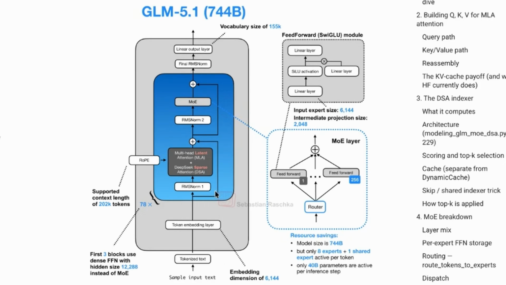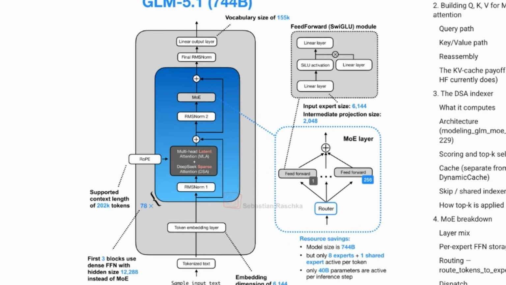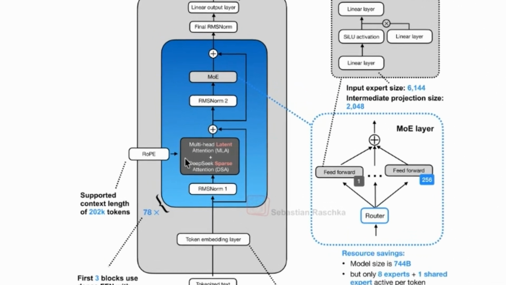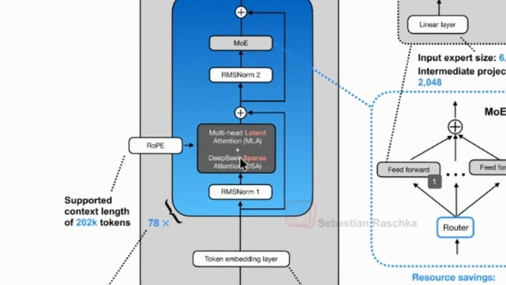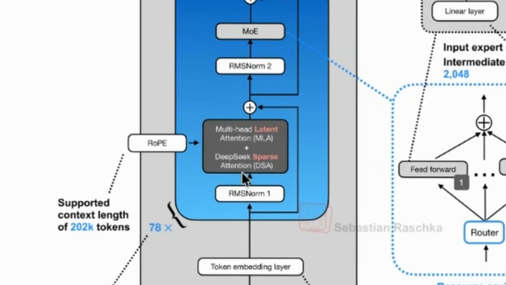Internally, you pass it through an RMS norm layer, and then through a multi-head latent attention layer, and then through a sparse attention layer. It's a bit confusing here because it says attention for both. The actual attention computation happens inside this DeepSeek sparse attention layer.